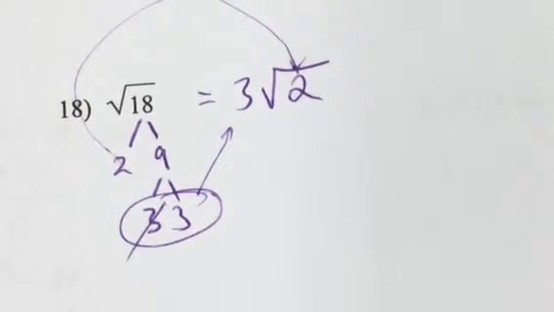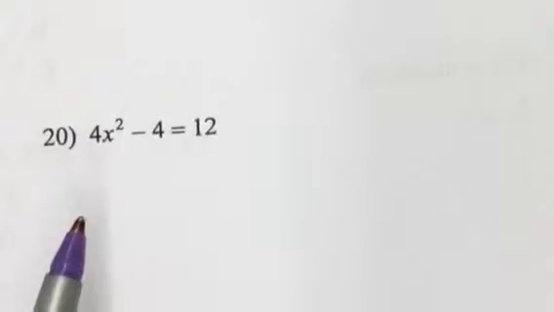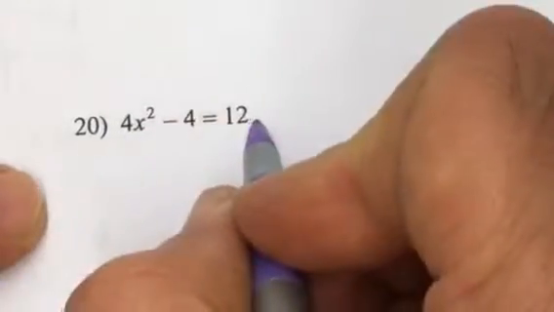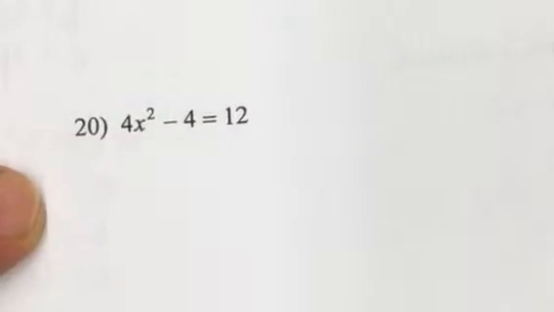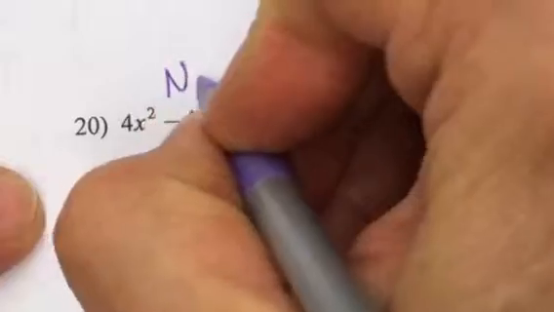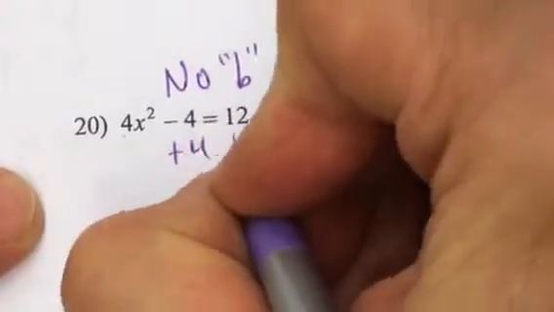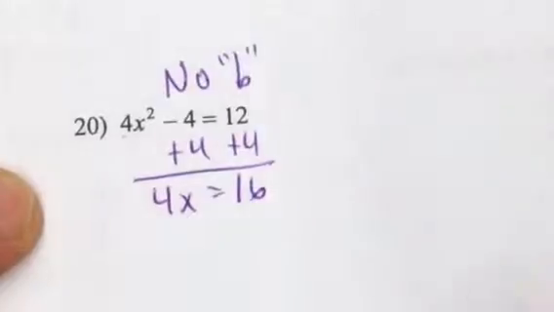Solve the equation by taking the square roots. Last section, number 20. Taking the square root, I want to get x alone. There's no b term. I've got a and I got c, but no b. So add 4, add 4. 4x squared equals 16.